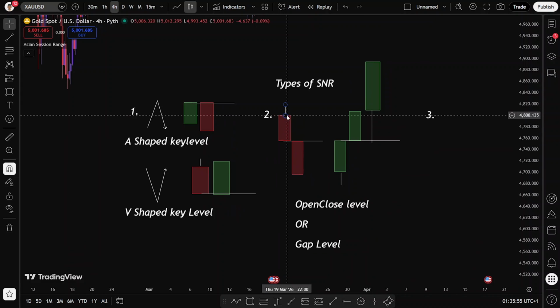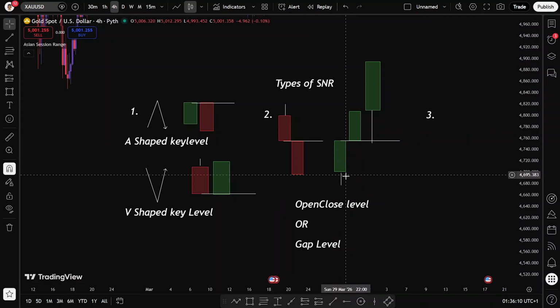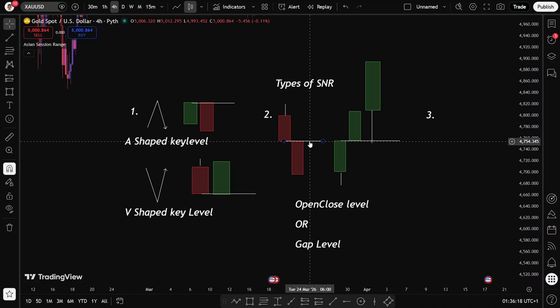So when we are marking out 2 bearish candles, it's called a resistance because we have 2 bearish candles. When you mark out the closing price of the candle, you're marking out a resistance. And when you have 2 bullish candles and you're marking out the closing price, it is called a support. So we can sell from this level, and we can buy from this level.